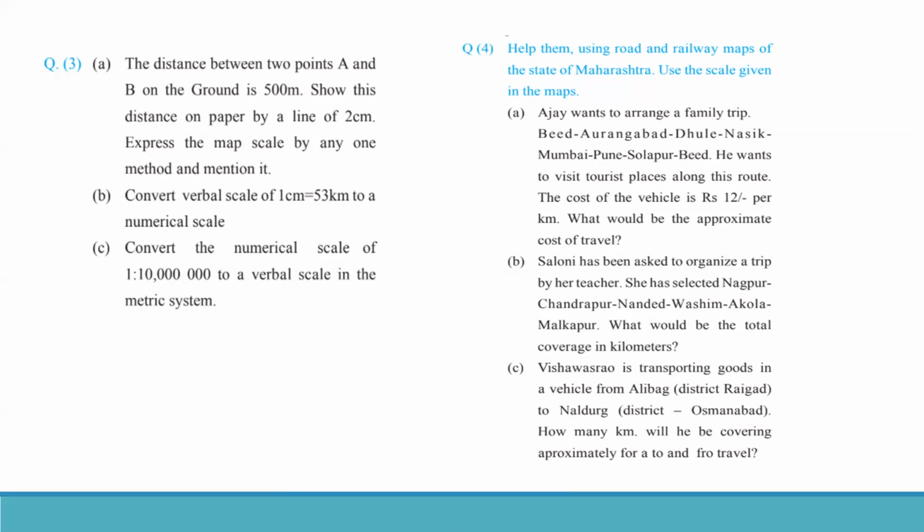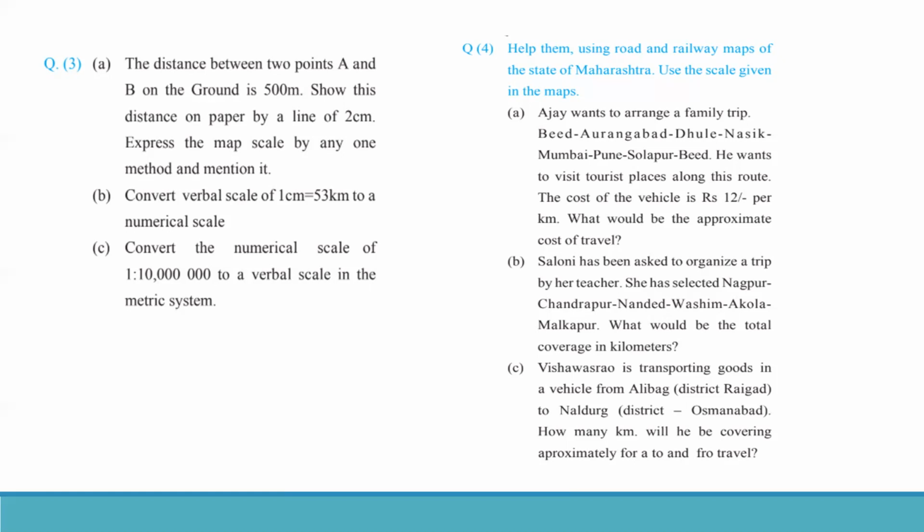Now, the second one, B. Convert the verbal scale of 1 centimeter is equal to 53 kilometer to a numerical scale. Now, what happens over here? You know very well, children. It's a verbal scale, 1 centimeter, 53 kilometer. Let us convert 53 kilometer to a numerical scale. So how many? 53 lakhs you have to show. How many zeros will come in that?